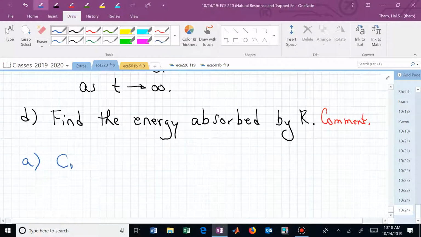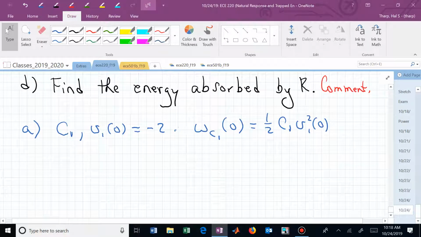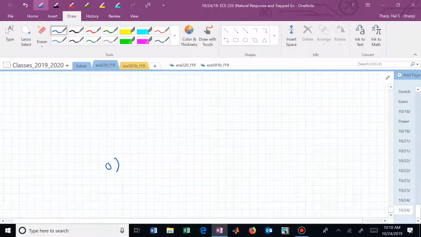We know we have C1, we have V sub 1 of 0 was minus 2. So now the energy in C1 at 0 is 1/2 C1 V sub 1 of 0, and this V sub 1 is squared. 1/2 CV squared, or the energy in capacitor 1.